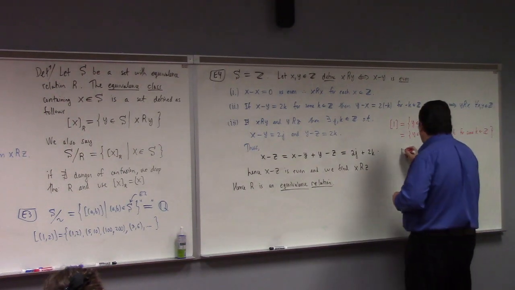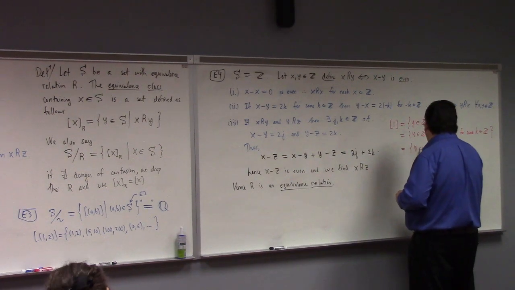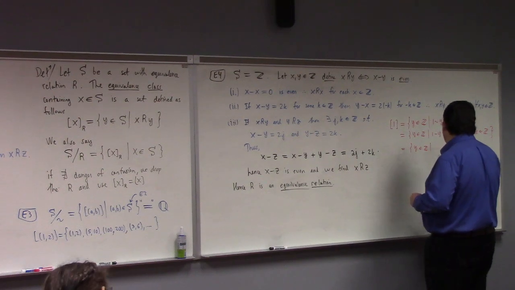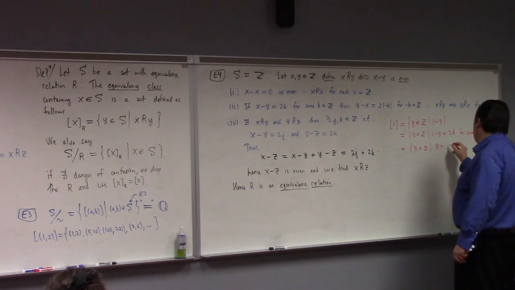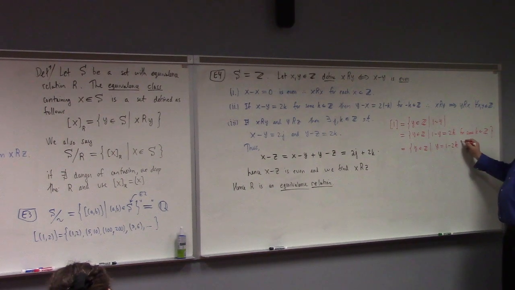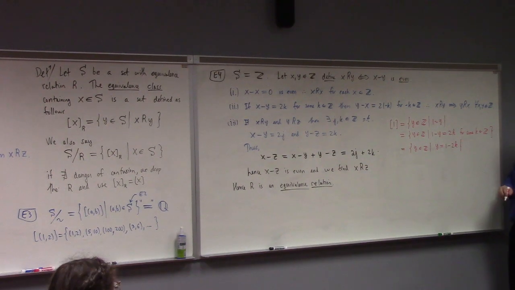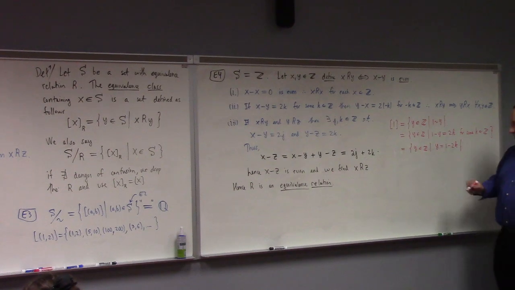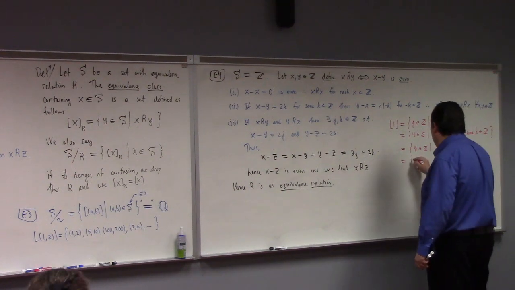Let's see here. Y in Z such that what? Y is equal to 1 minus 2k, right? Or perhaps I could write it a little bit more in your face.